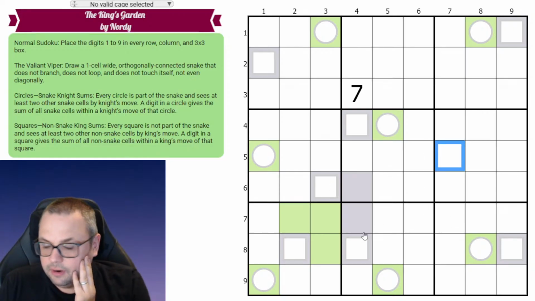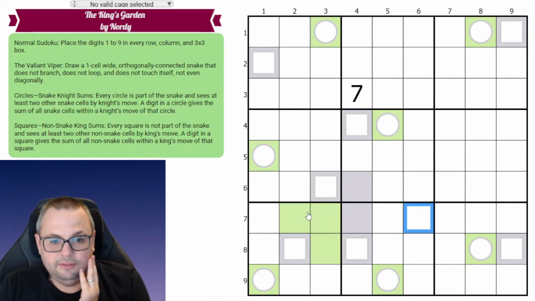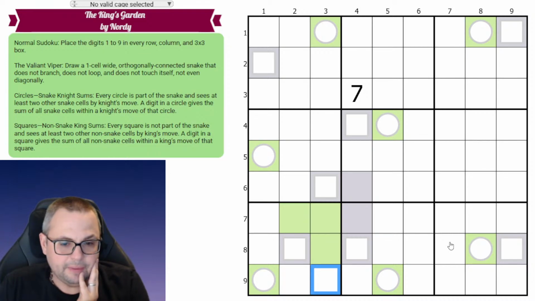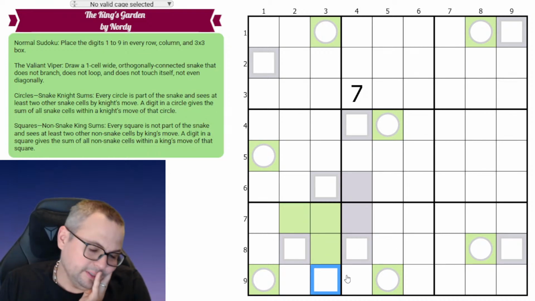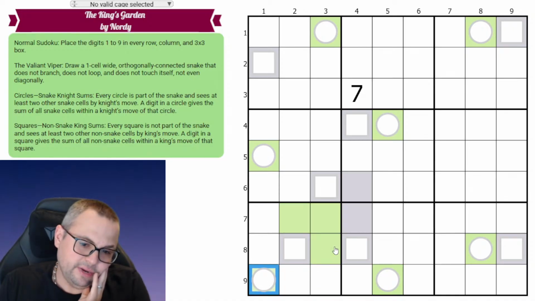Note snakes are annoying as opposed to loops because snakes have ends, and so you can't just draw this as continuing because you have to worry about it. In fact, in this particular instance, I know one of these 3 is an end, right?